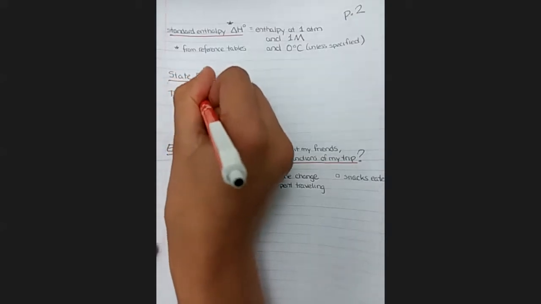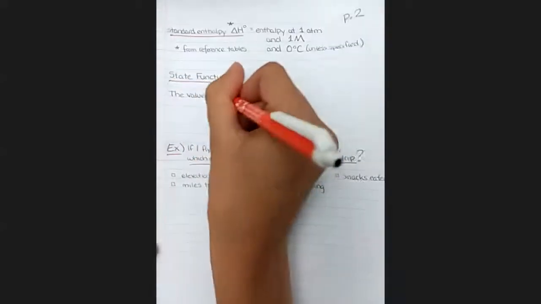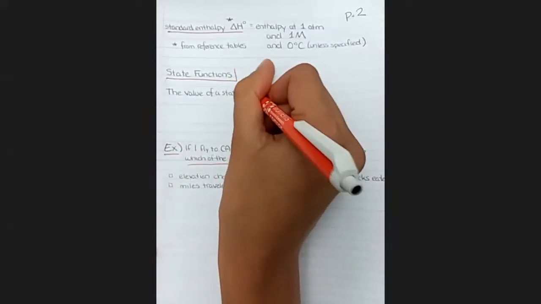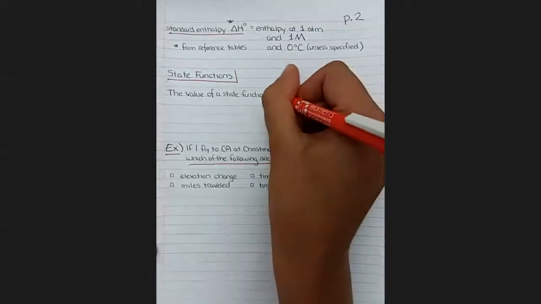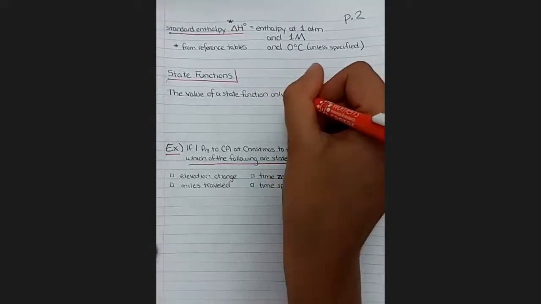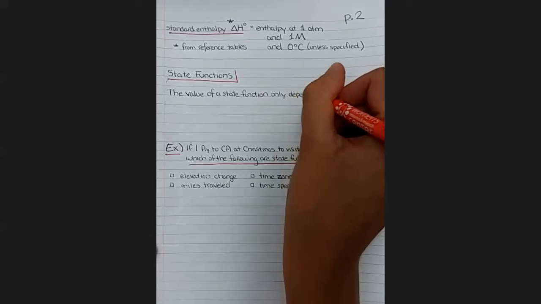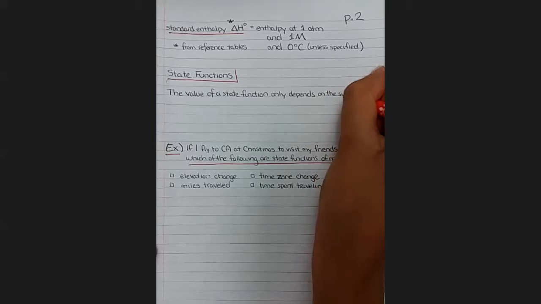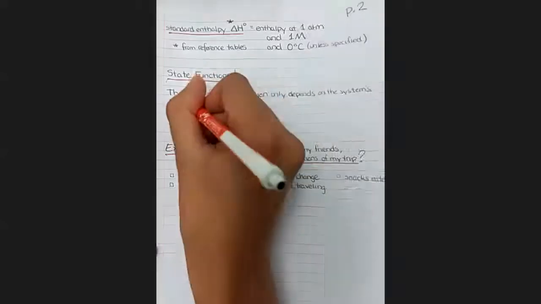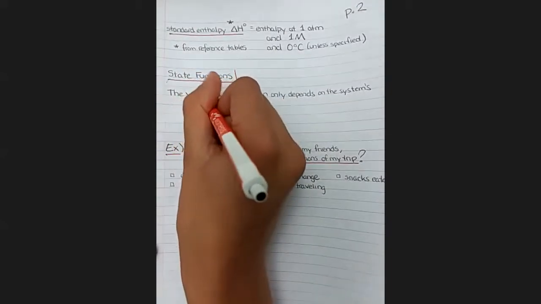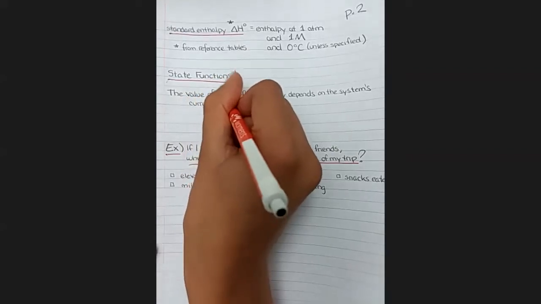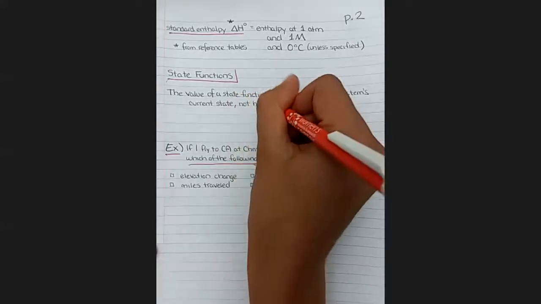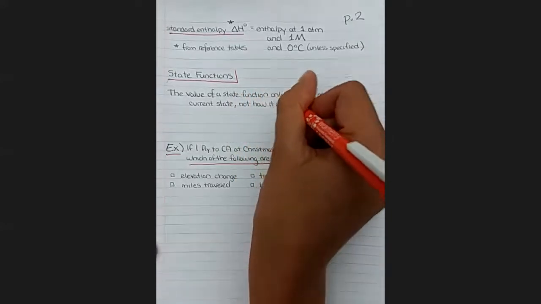So state functions are special kinds of variables, and their property is that the value of that function only depends on the current state of the system and not how it got there.